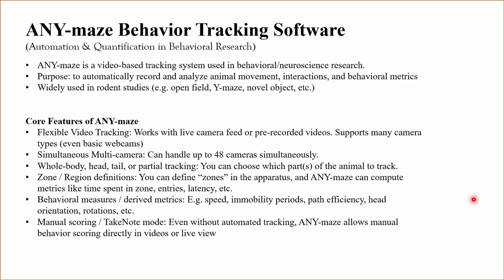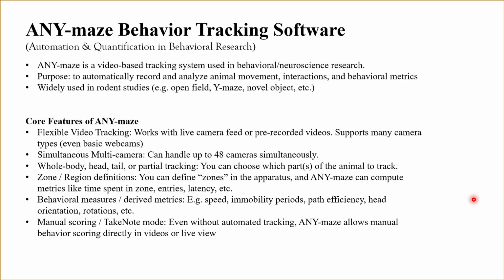Its purpose is to automatically record and analyze animal movement, interactions, and behavioral metrics. It is widely used in rodent studies to test different behavioral assays like open field, Y-maze, and novel object. The core features of Animaze involve flexible video tracking, working with a live camera feed or pre-recorded videos, so you can use both.